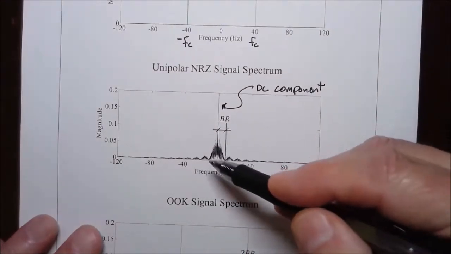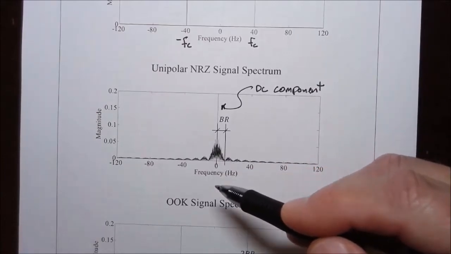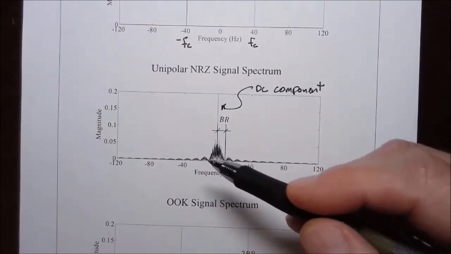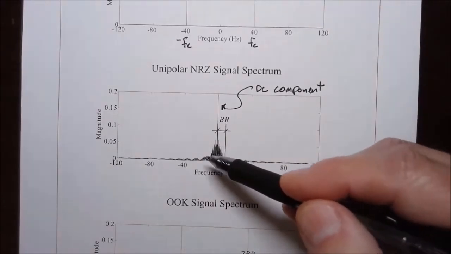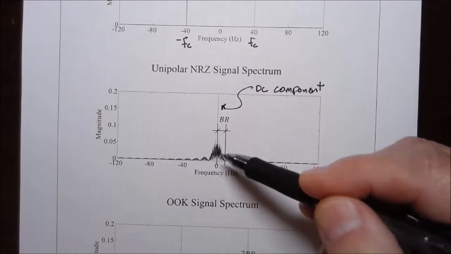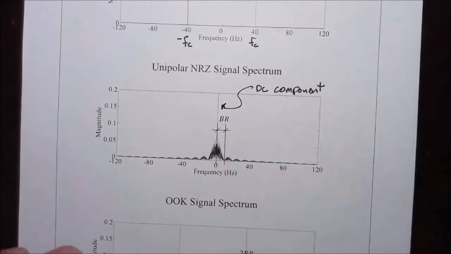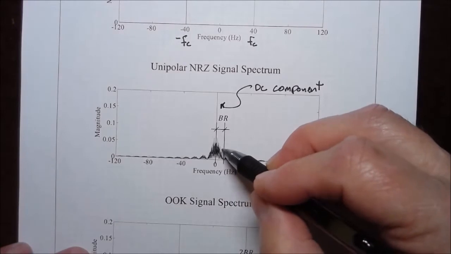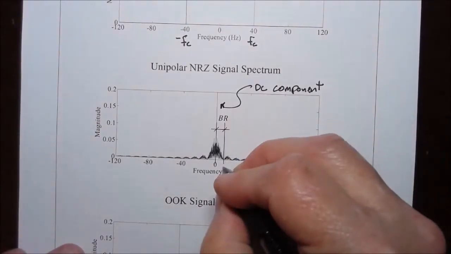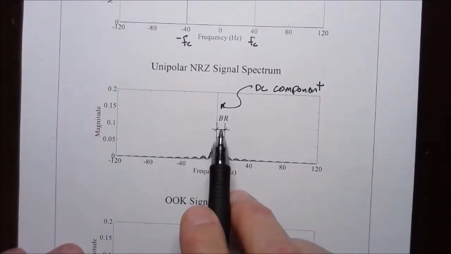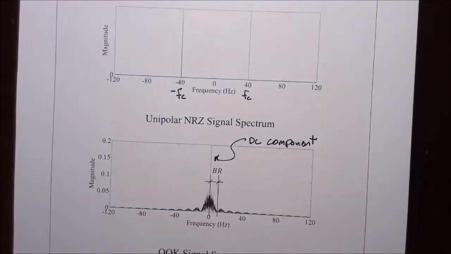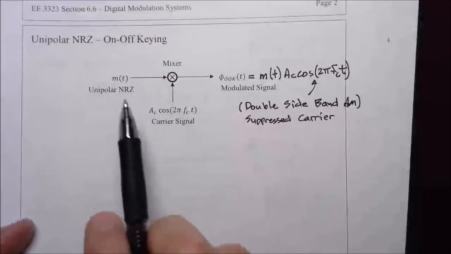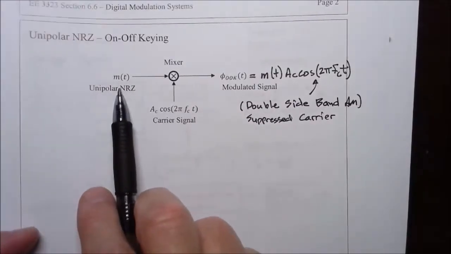The reason it's not a smooth line is that it would be had I taken a lot of Fourier transforms and then took the average value, but since I just took the Fourier transform of one sample, I get this randomization here. But you can clearly see the outline follows the sinc squared. Here is the first null that gives us a bandwidth of the bit rate. So just like single sideband, we're taking a carrier signal and mixing it with a message signal.